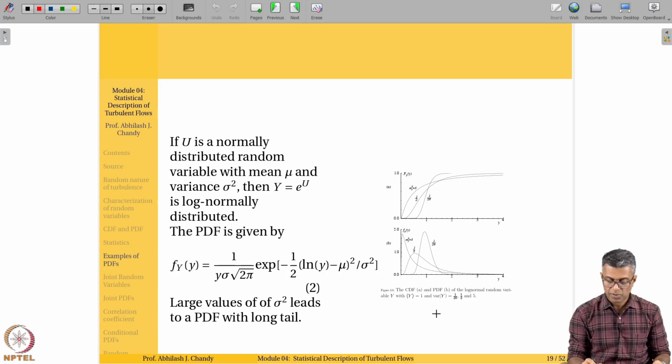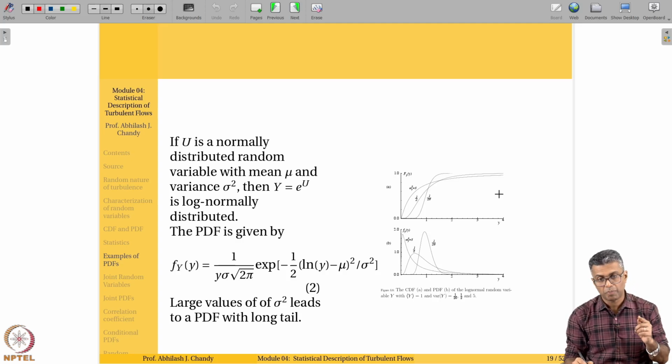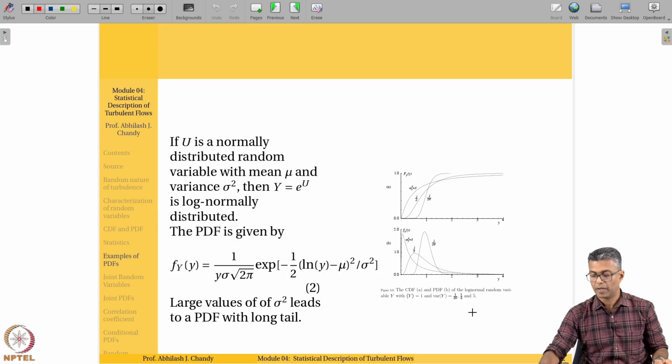Here, as you can see, the CDF and the PDF are given for the log normal. This is for different values of the variance of y, where the mean is 1 but the variance of y takes values of 1 over 20, half and 5. So this is a log normal random variable.